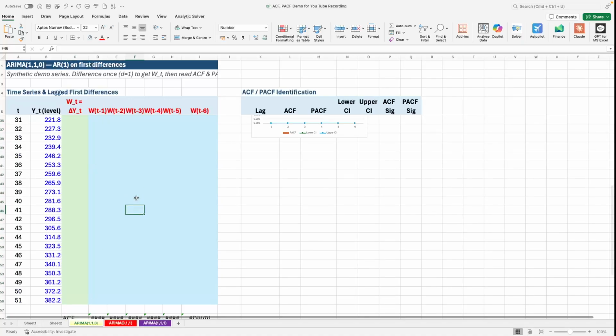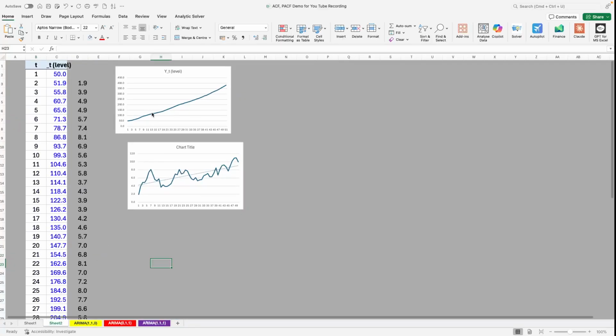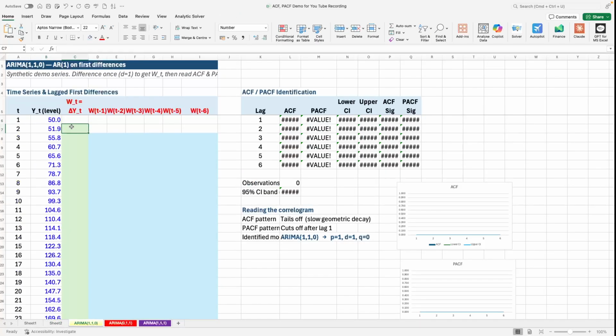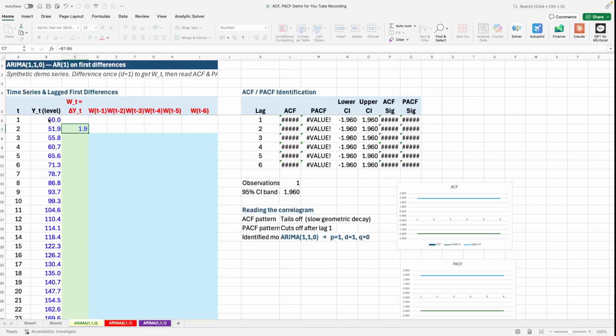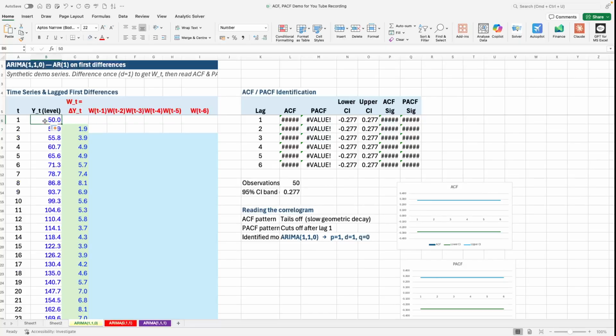This is my original data, Y_t. Since it has got a trend, I'm differencing it to make it a little more stationary. How do we difference? We take today's value minus yesterday's value. So the original time series Y_t is transformed into a difference series.